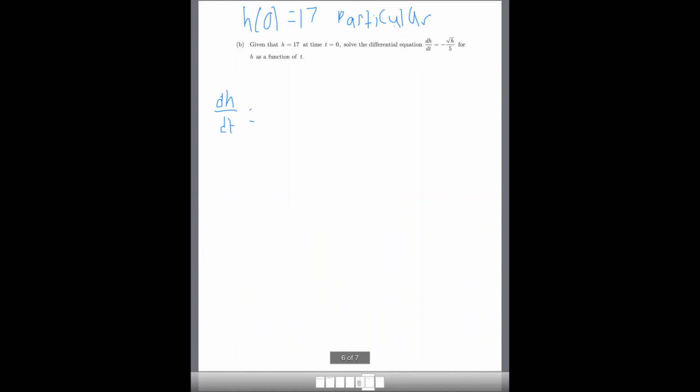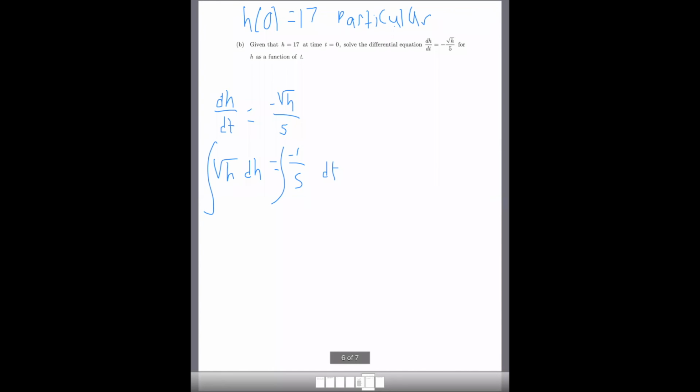So dh over dt is negative radical h over 5. Make sure that your variables are on the right side. You can't have things mixed together. So what I would do is move the dt to this side, and I would move the radical h to this side. So you're left with negative 1 over 5 here. And then at this point, now you can take the integral.